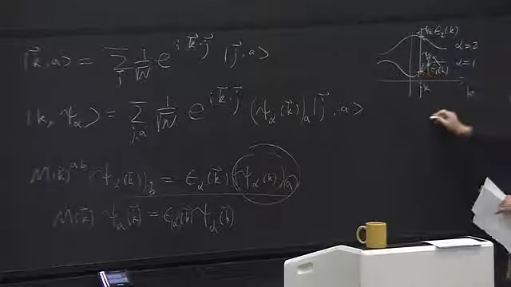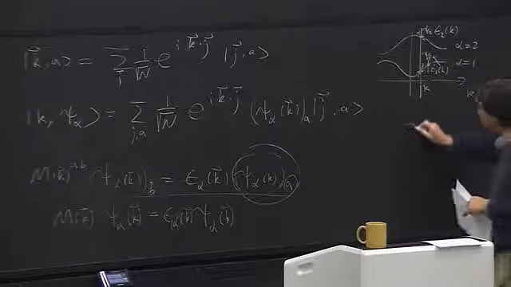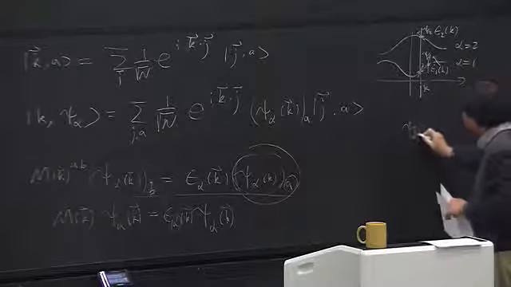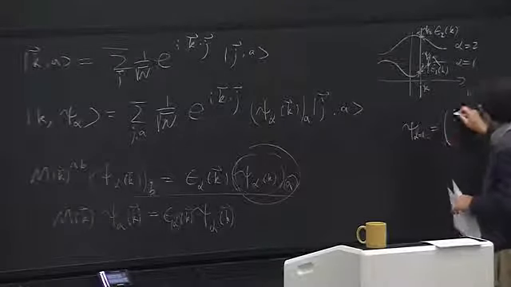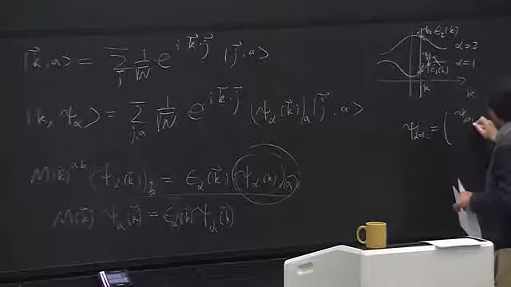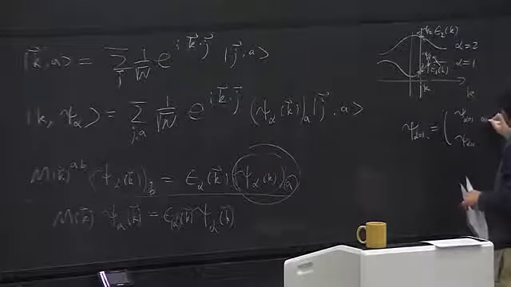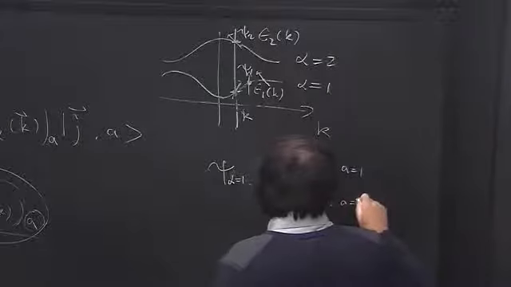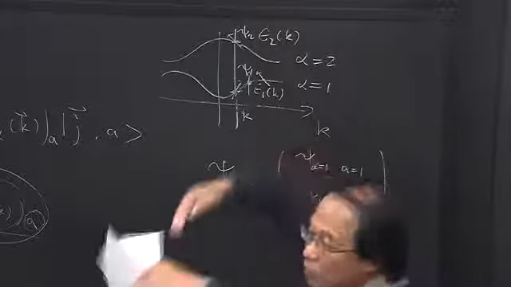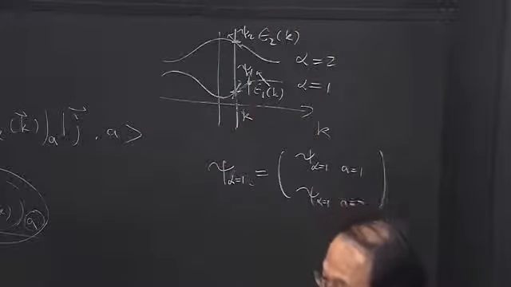If alpha equals 1, this psi, alpha equal to 1. But A can be equal to 1 or A can be equal to 2. They have two components. For example, we have 2 sites per unit cell.